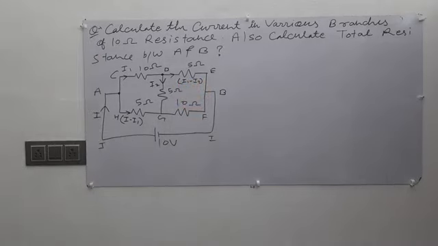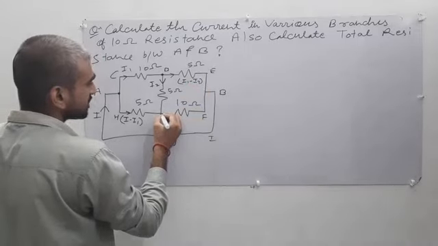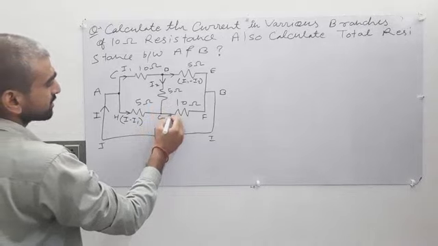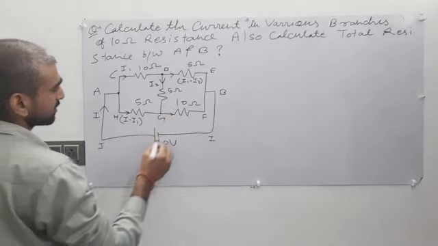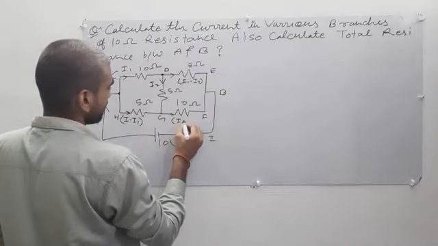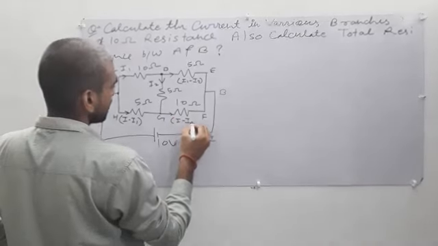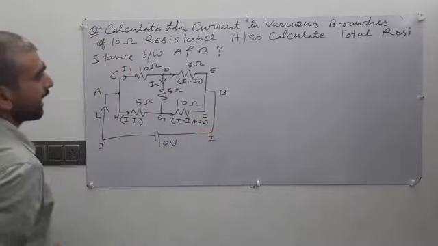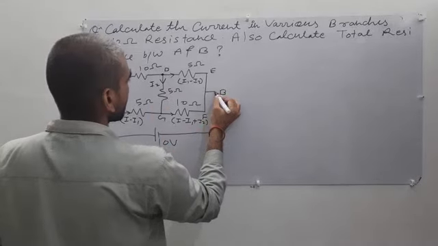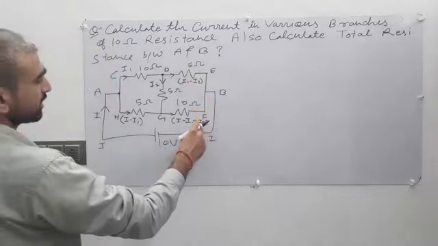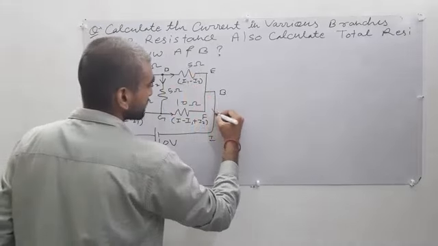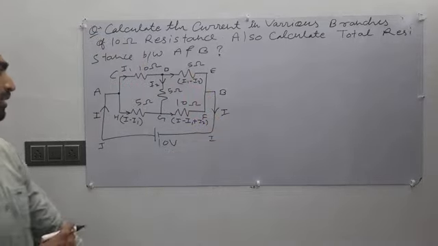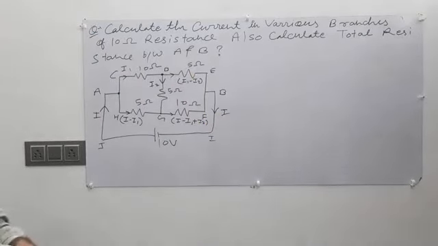Okay, now again at point G, these two currents combine and make a current which is I minus I1 plus I2, and at this point this current and this current again combine and make our original current, which is I. Okay, any problem?